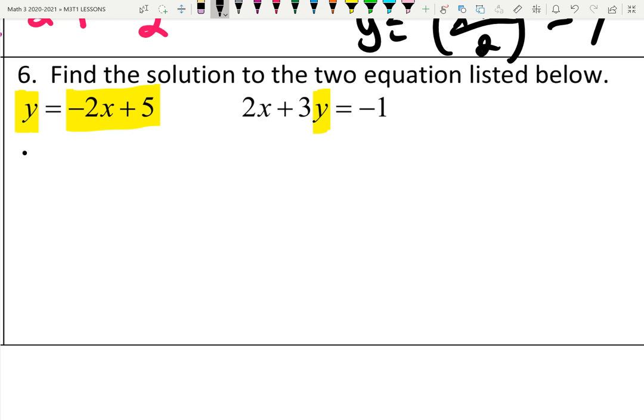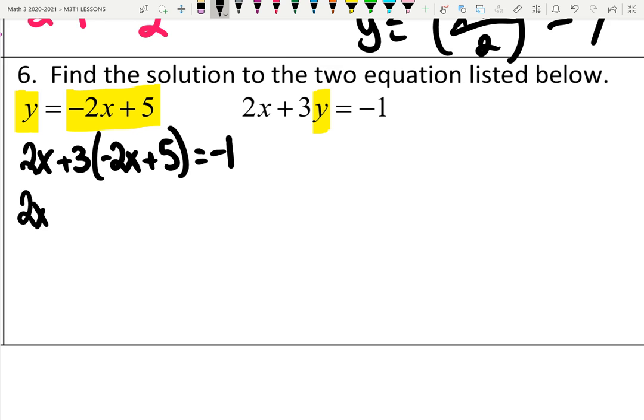So it's going to rewrite to be 2x plus 3 times negative 2x plus 5 equals negative 1. And I see that parenthesis, so I'm going to distribute. It's going to be negative 6x plus 15 equals negative 1.